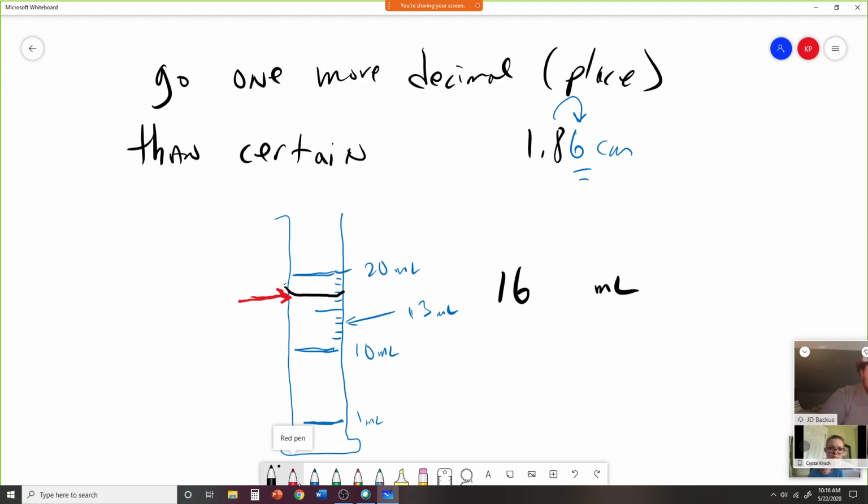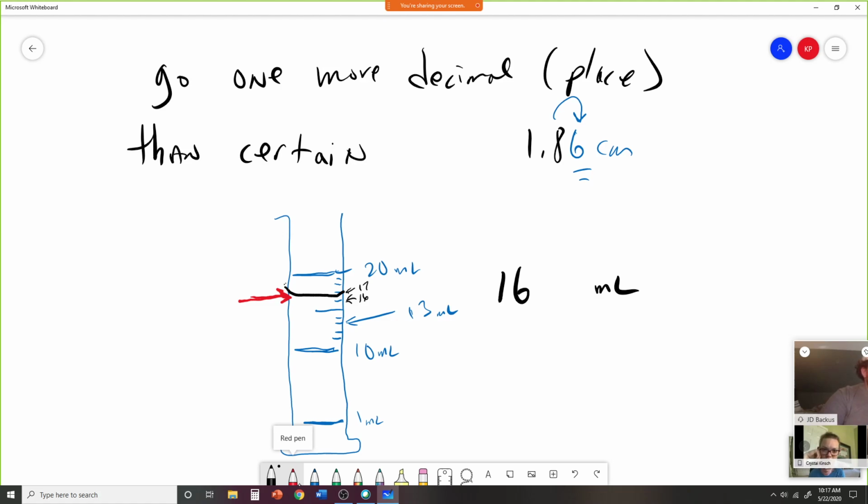It's not tenths because we're going 10 tick marks between 10 and 20. You would go 11, 12, 13, 14, 15, 16, 16 milliliters at least, right? It's above 16, but it's not 17. 17 would be the next blue tick mark up here. So it's somewhere between 16 and 17.